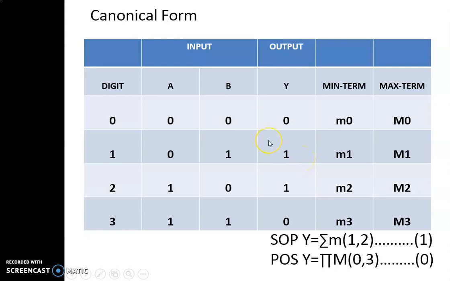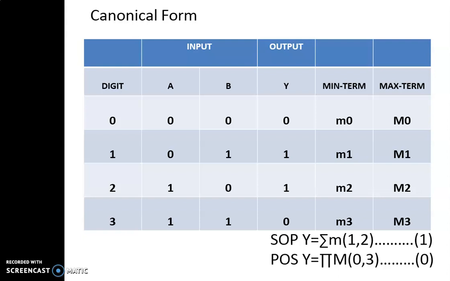Again we can consider the same truth table. To represent the canonical SOP form and POS form, we represent the min term with the help of small m and the max term with the help of capital M. Here we can represent the min terms as small m0, m1, m2 and m3, and the max terms with the help of capital M0, M1, M2, M3. Again to represent the canonical form we consider the output column.